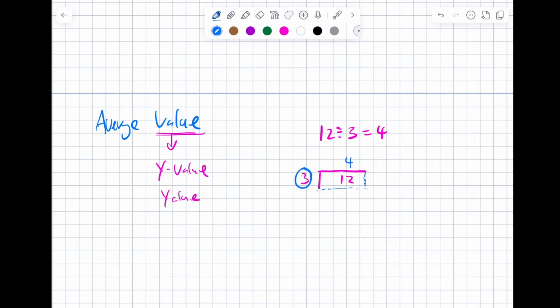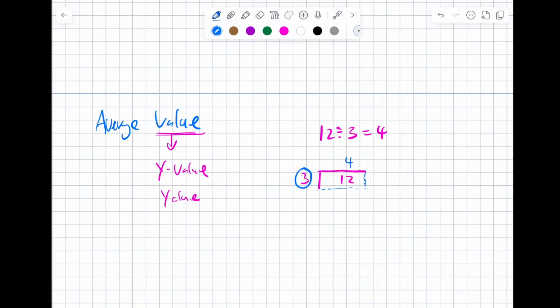We divide stuff all the time, but we don't know what it represents. He says it's crucial to understand what you're doing and why you're doing it. So yes, that's a rectangle with area 12, and this side is 3, so the other side has to be 4. That's what the top part is.